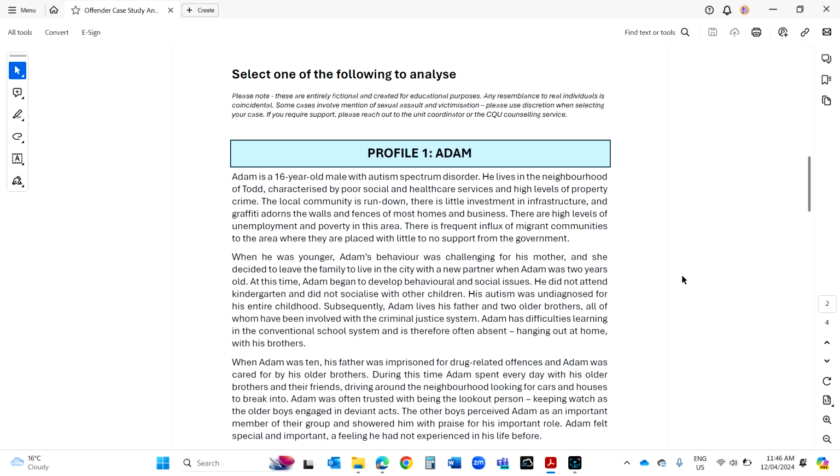The other point I would like to make is that some cases are more sensitive than others. In particular, profile 2 does discuss sexual assault and victimization. So I would urge you to use your discretion when selecting the case that you want to analyze. If at any point when you are working through this content you feel that you become distressed or upset, which is an absolutely normal response, then reach out for support.